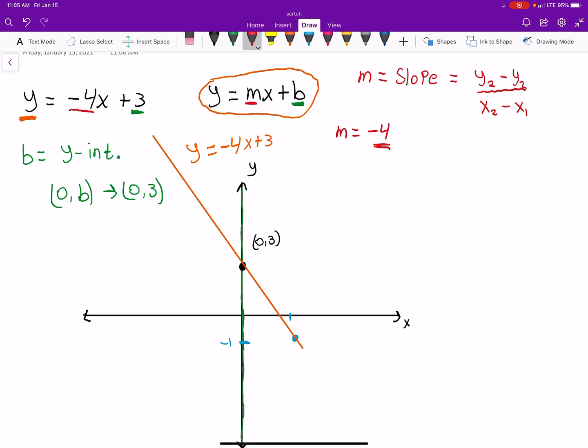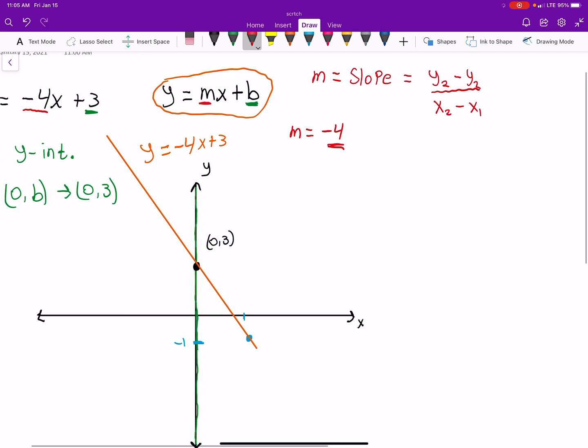So our slope is just your change in y over your change in x, or y2 minus y1 over x2 minus x1. And again, this is telling you when I go over to the right 1, how far up or down does it go?